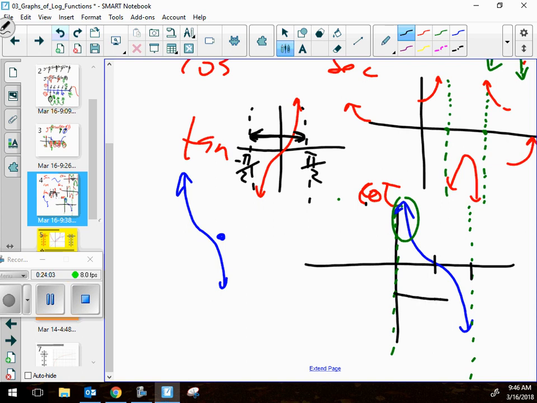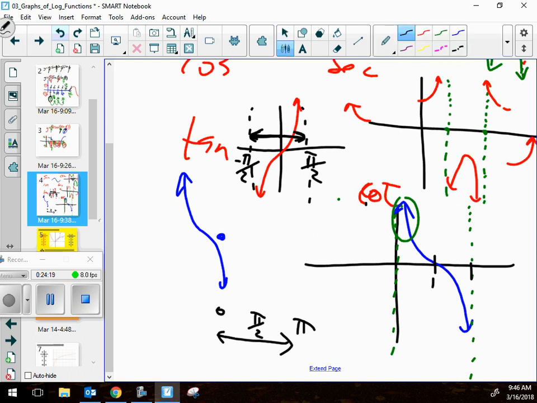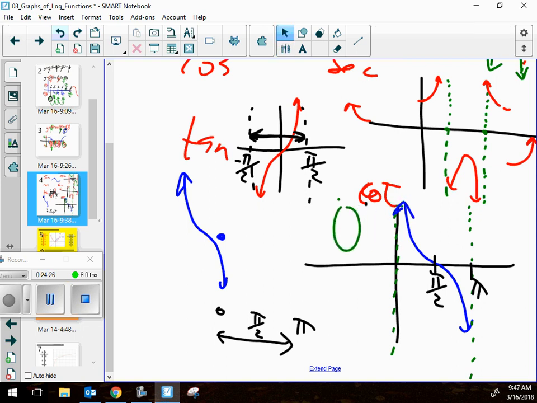This has a distance of 1 pi also, so that's pi. And then what would be halfway? Pi over 2. And then, of course, that's 0. So I'll rewrite them: pi over 2, pi. And the blue equation is cotangent.